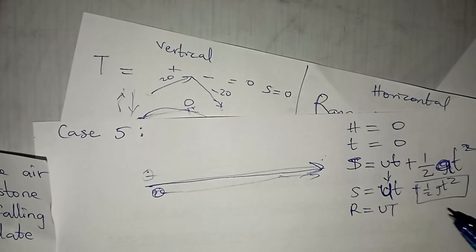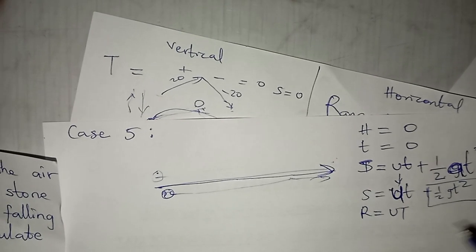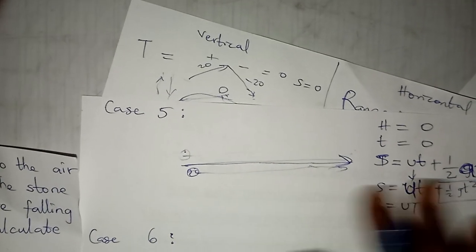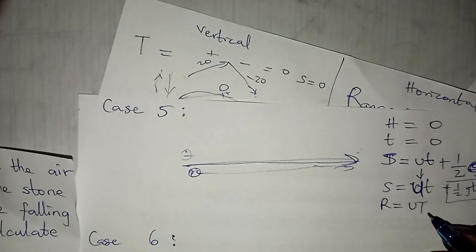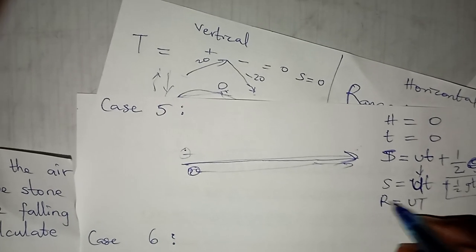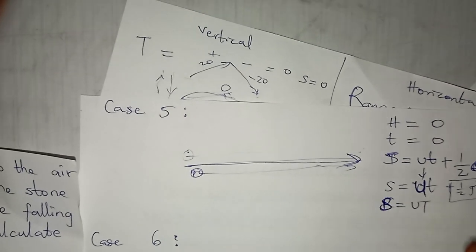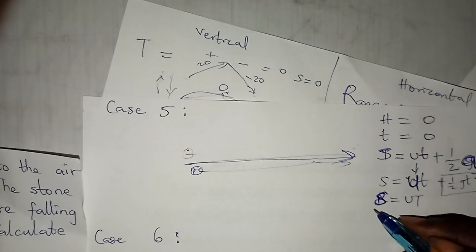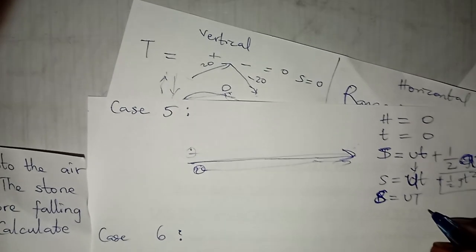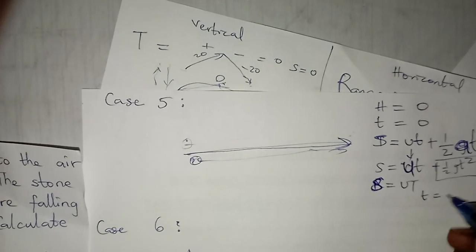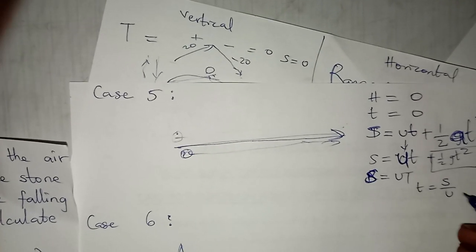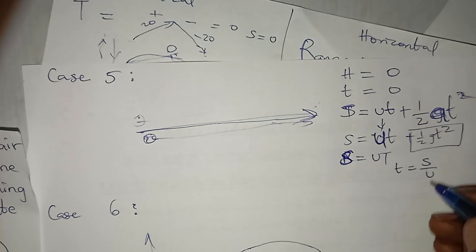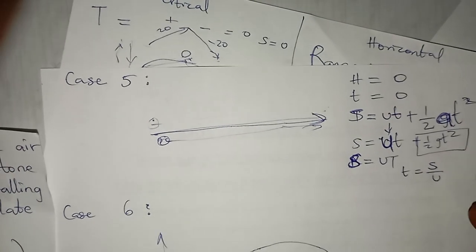So if they ask me the time taken, what I will simply do is to leave this as S. I'll simply say the total distance taken, divided by, making t the subject of the formula, I have t equals S over u. That is displacement over velocity.